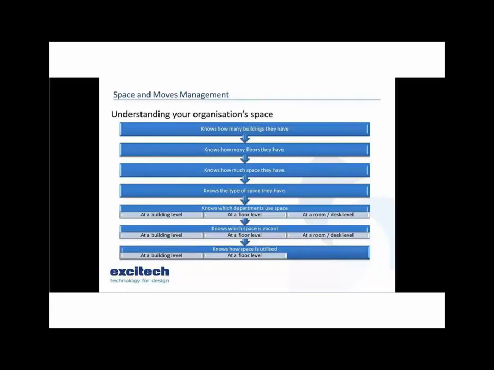Are they there 5 days a week, or are they just using them 2 or 3 days a week, and so on? And again, that can be tracked all the way down to a room or desk level. So hopefully you can see that by having this information and understanding this information, you can actually start to get a handle on what space you have, how it's used. Okay.